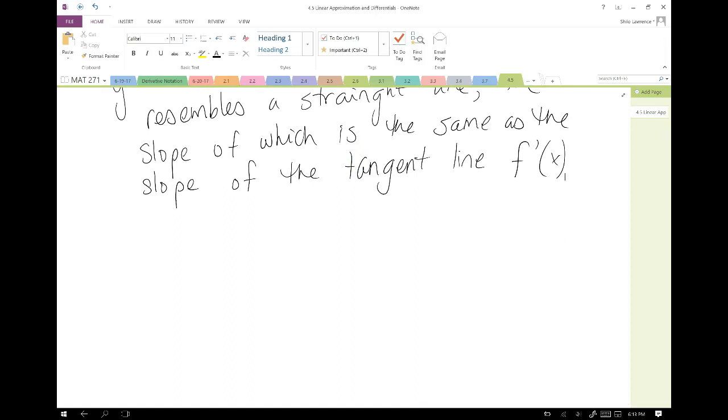So I'm going to write a formula here, and you've actually seen this formula before at some point in your life, but it's going to look a little different. This is technically just the point slope form for a linear equation, but we're going to throw some calculus in it.